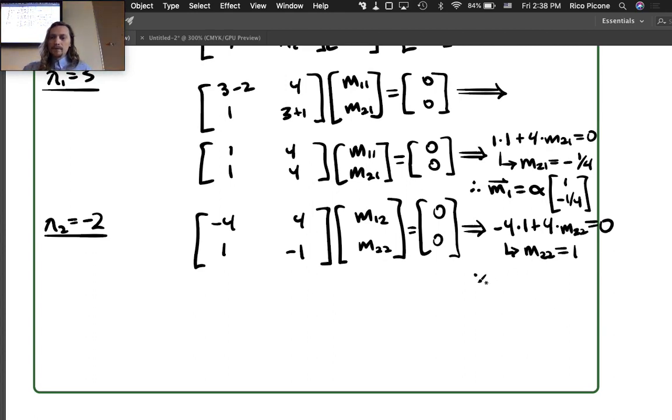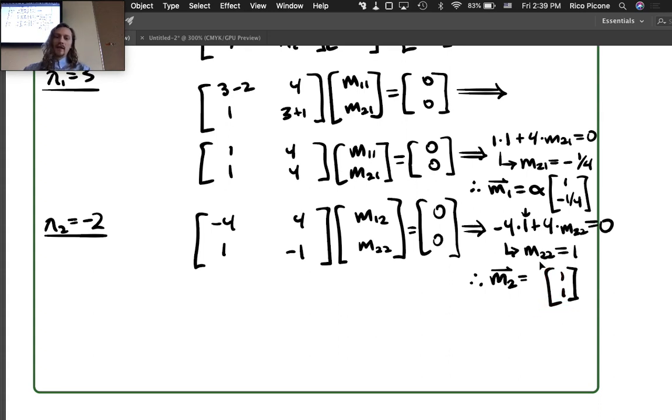Therefore, m2 is equal to, we assumed that m12 was 1 when we plugged it in, and we solved for m22, which was also 1. And I should probably put in this scaling.